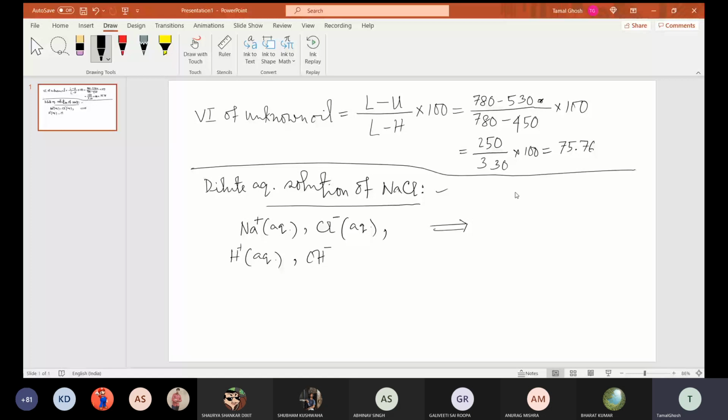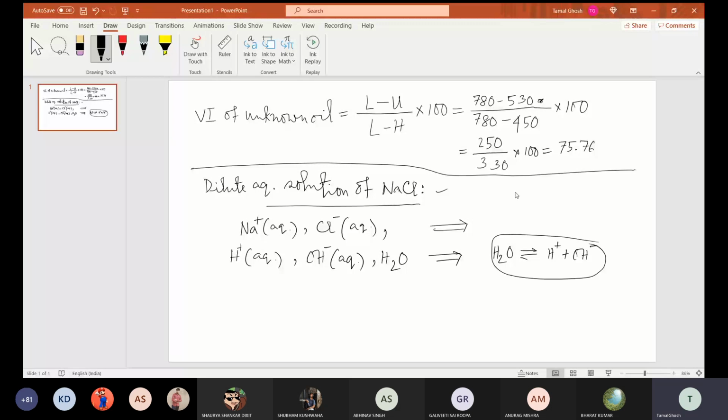And what is the reason for this one, or what is the justification? Now we have this equilibrium existing there, and as a result of this equilibrium, we will have the existence of H plus, OH minus and water.